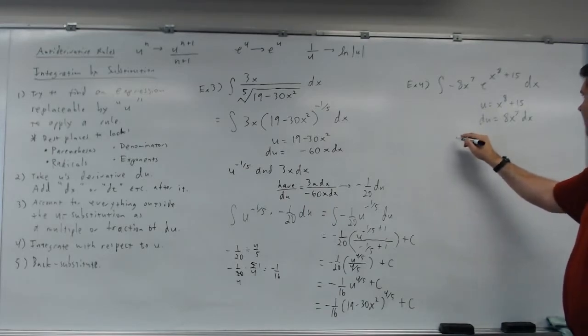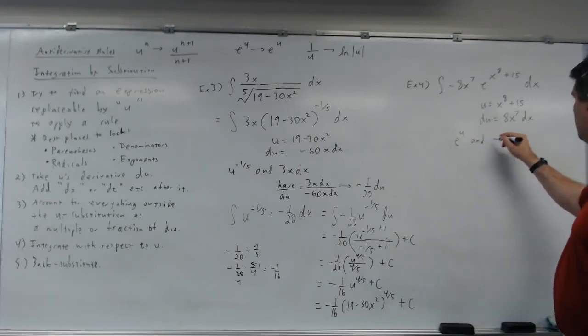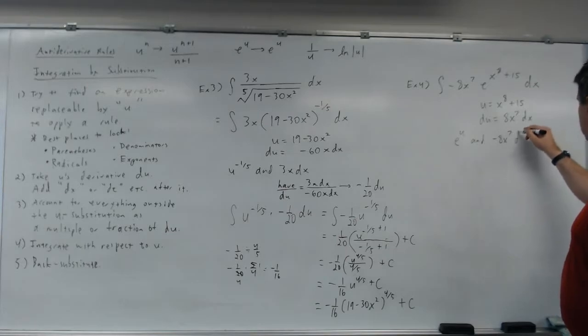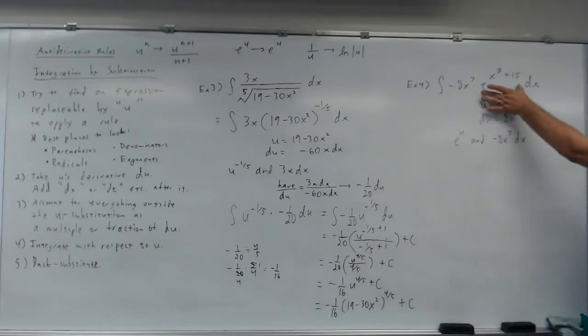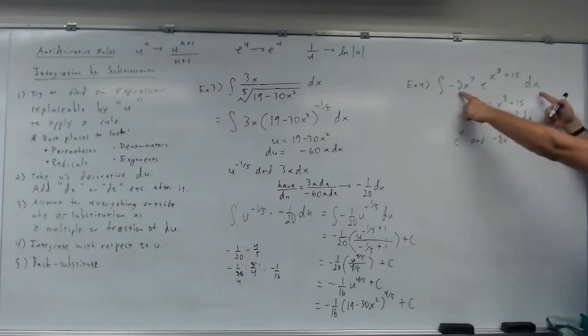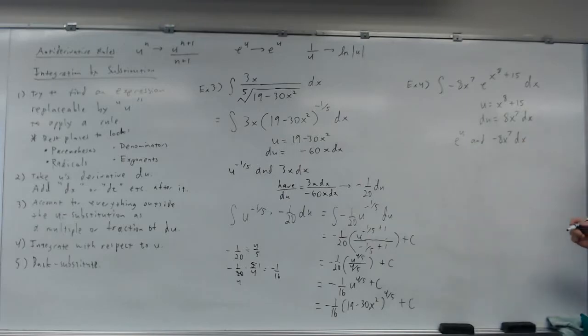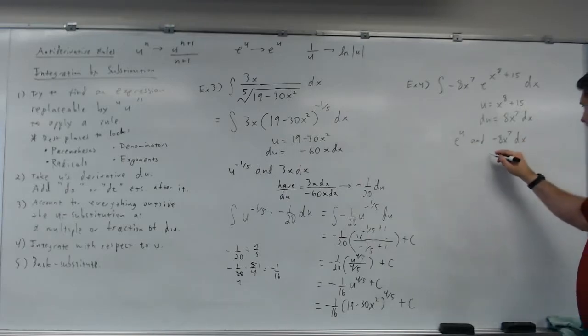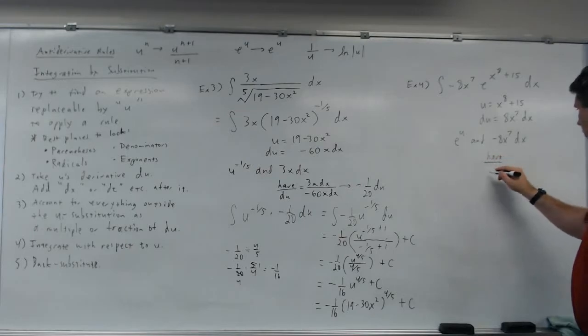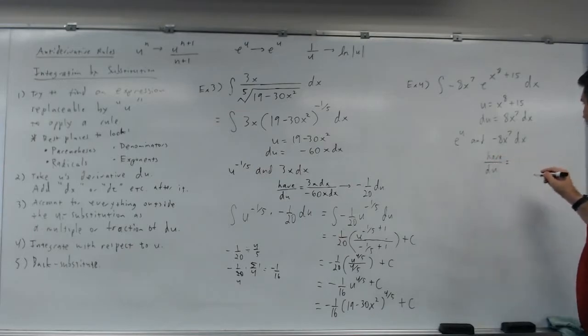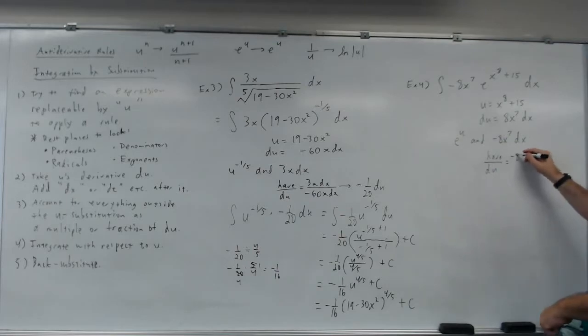So what I have is e to the u and negative 8x to the 7th dx. That's e to the u, because that's u, and that's everything else. So I have negative 8x to the 7th dx over the actual du, which is 8x to the 7th dx.